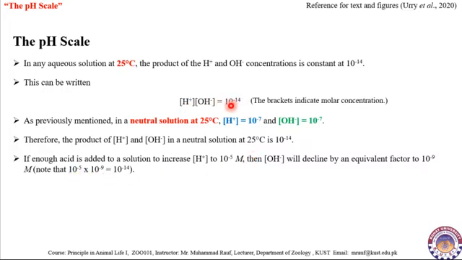Remember this, their product will always be 10 raised to the power minus 14, although there will be differences in their individual values. Just like here, the solution is acidic: the hydrogen ion concentration is 10 raised to the power minus 5, the hydroxyl ion concentration is 10 raised to the power minus 9, and their product is 10 raised to the power minus 14.